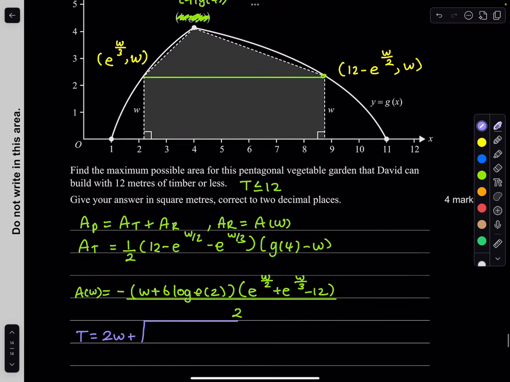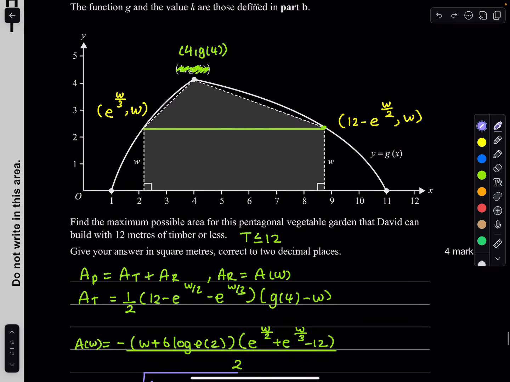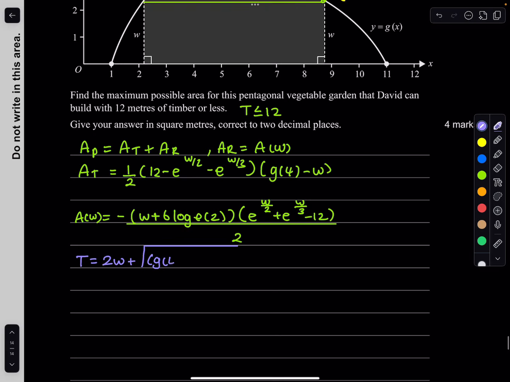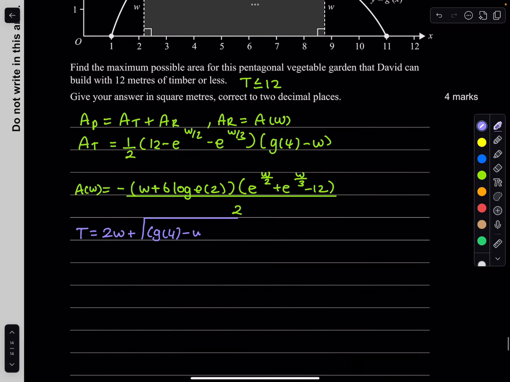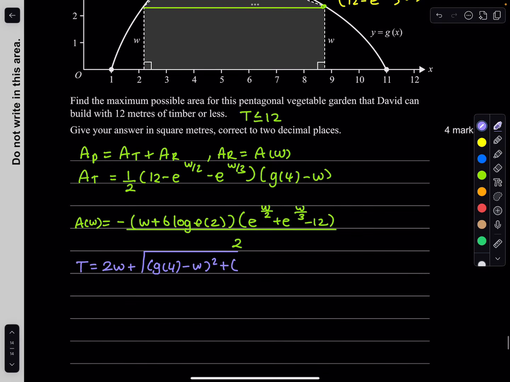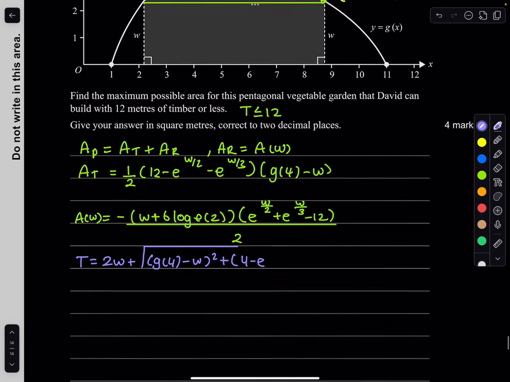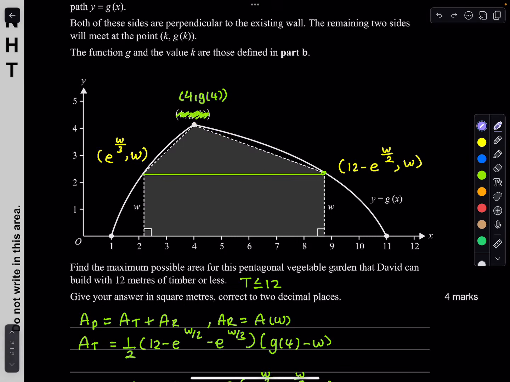For example, the distance for this one would be g of 4, my apologies, g of 4 minus W squared plus 4 minus E W over 3, and you square that. Then plus the length of this, which is g of 4 minus W.